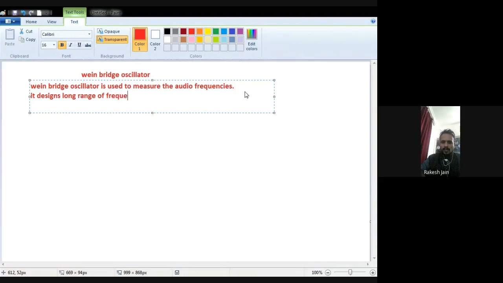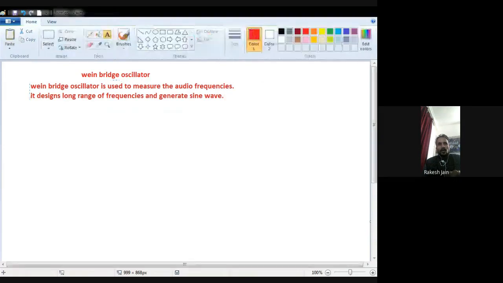It designs a long range of frequencies and generates a sine wave. It supplies the signal for testing filters.